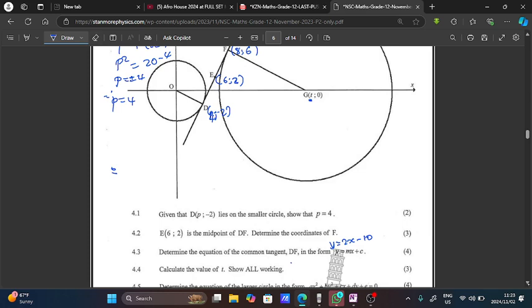So t equals 20. Fine. Now it means we have the coordinates of 20 and 0.